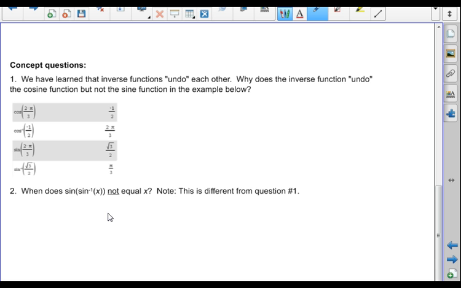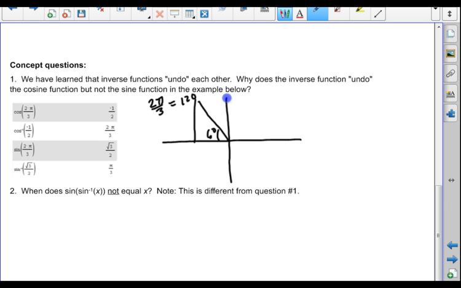So let's draw 2 pi over 3. 2 pi over 3 is 2 times pi over 3, 2 times 60, it's 120 degrees. So it's in quadrant 2. 120, 2 pi over 3, has a 60-degree reference angle, which means this would be square root of 3, negative 1, 2.